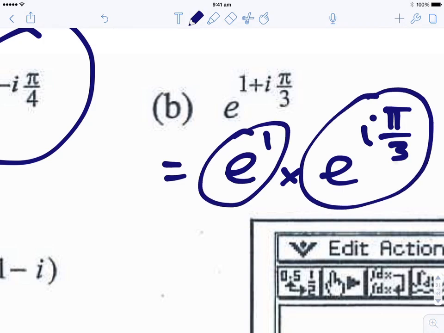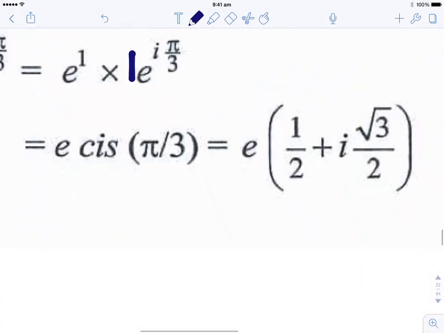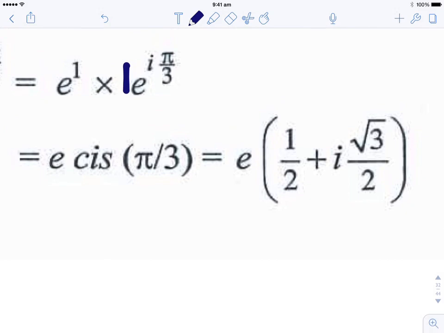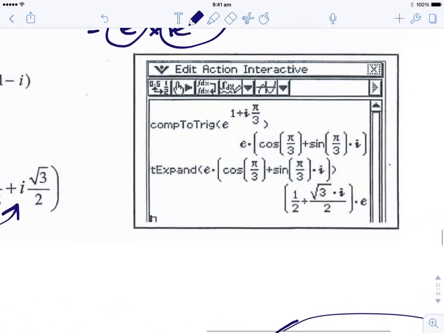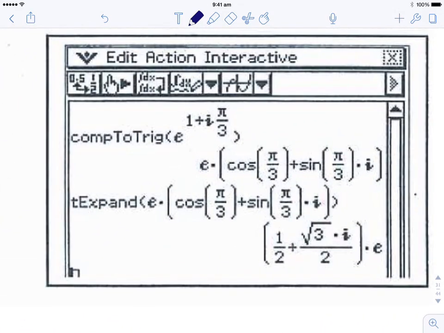This thing here is a complex number with a length of 1 and an argument of pi over 3. So in this case, jumping from here to here, we've just used the calculator to get that cis pi over 3 is a half plus √3 over 2 i. Or you could go through the same process that I went through, and we're timesing that by e out the front. Again, our calculator's very helpful here.